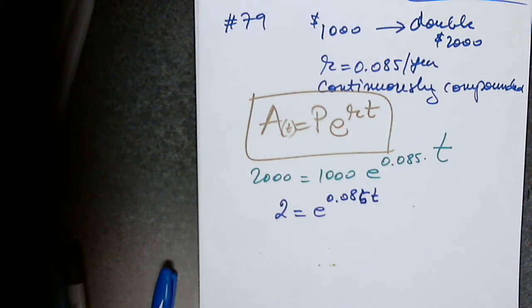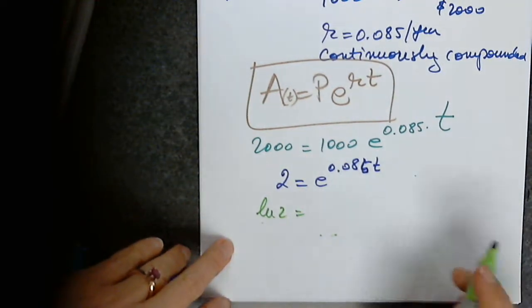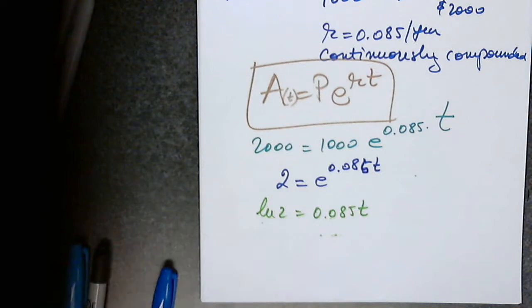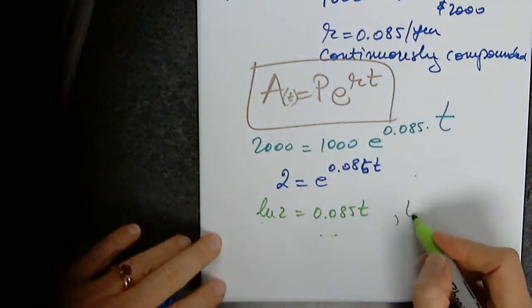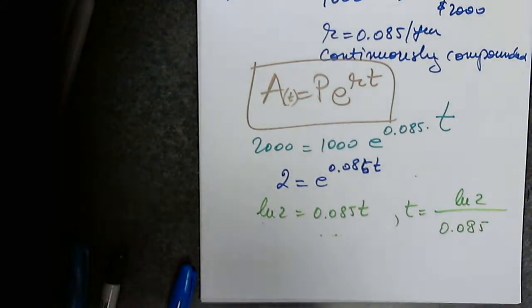But if I have the same base, it's a waste of time to apply log, because it's much easier than that. If I have two numbers that have the same base, the exponents have to be the same. So then natural log 2 must equal 0.085t times natural log e, which is 1. So then t equals natural log 2 over 0.085.